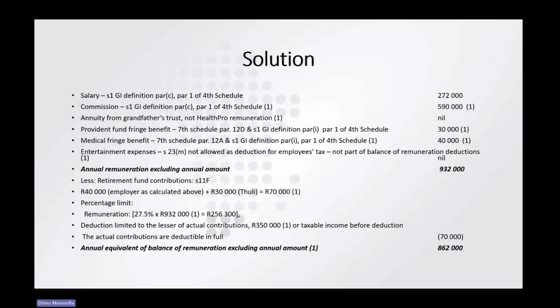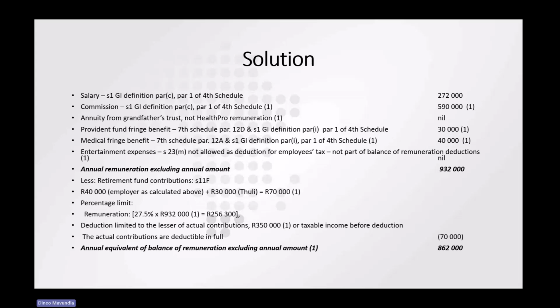Then again, the fringe benefit for the medical aid payments is also included as part of paragraph 12A of the 7th schedule, and section 1 definition gross income, paragraph I. And then for the fourth schedule, paragraph 1, that's 40,000 Rand. So here you would have gotten a mark for mentioning the sections and again the amount. This is just to show you how the marks were allocated in the question.